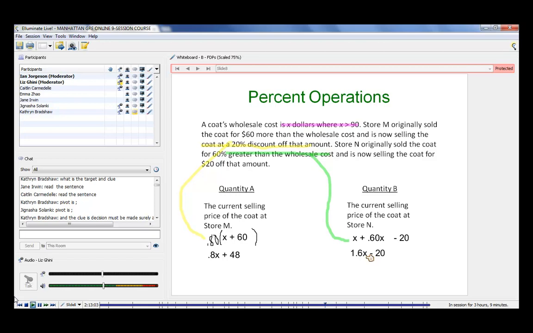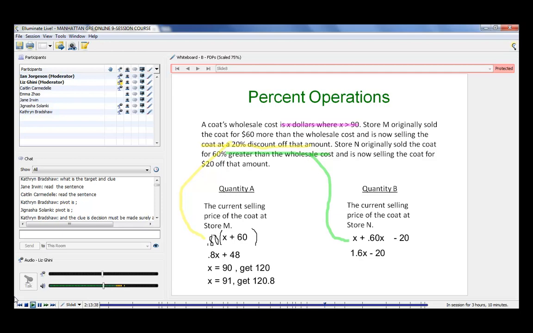Yeah, 120 when you input 90. If x equals 90, you get 120. If x equals 91, if it's greater, you get 120.8. Now, what do you get on the other side if you plug in 90 and 91?